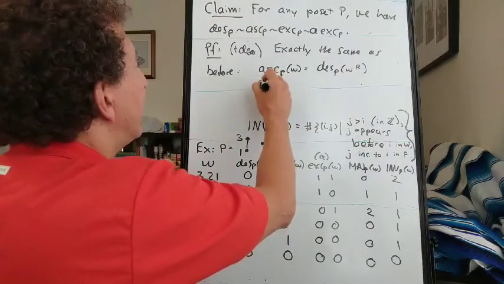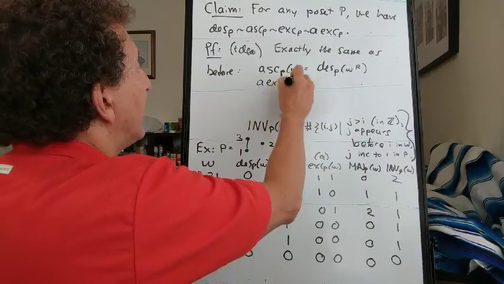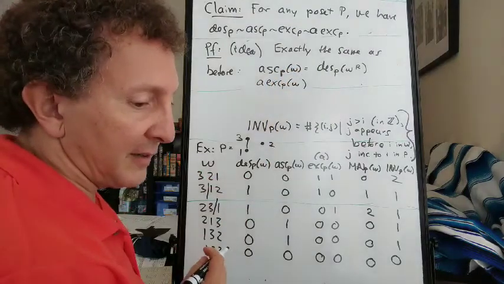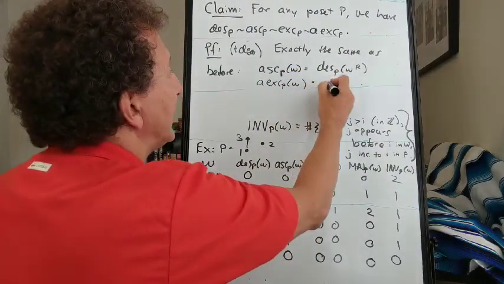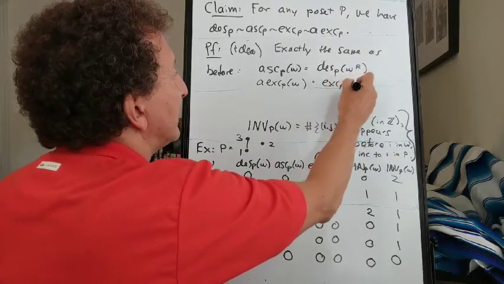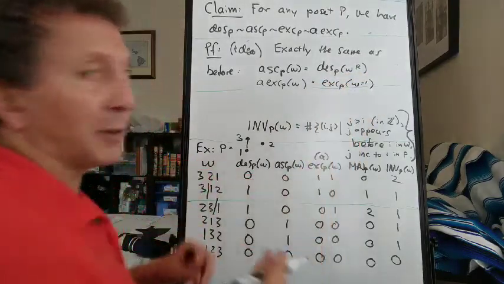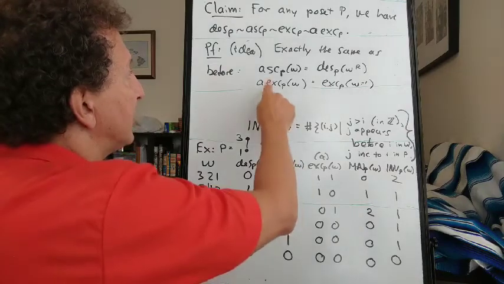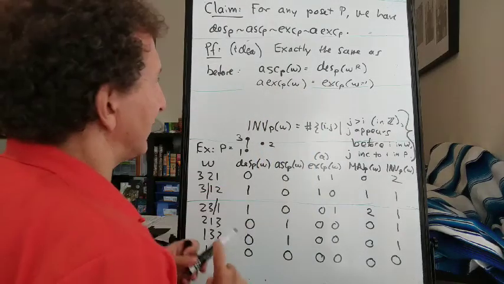And then P anti-exceedances of W are equal to P exceedances of W inverse. So sending a permutation to its inverse sends this statistic to that statistic.